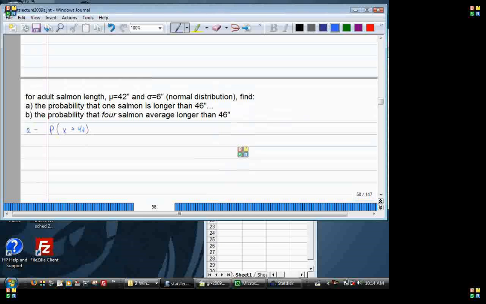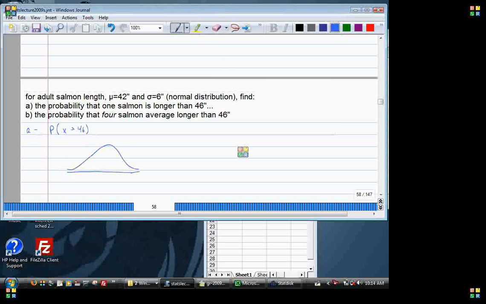So now we have to find this. What's the first thing we do? Draw a picture. So here's the picture.